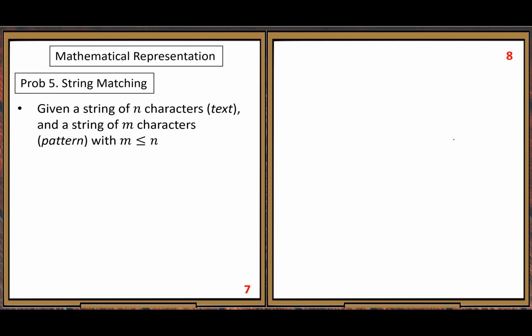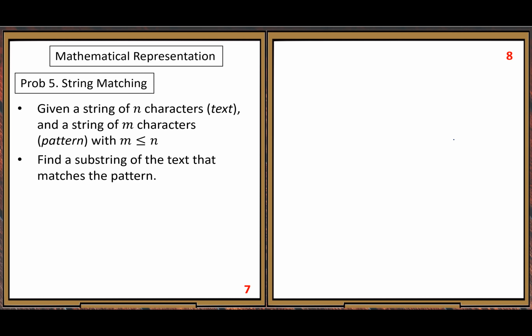We assume m is less than or equal to n. The pattern means a keyword, a smaller string with m characters. So find a substring in the text that matches the pattern. That's the string matching problem.